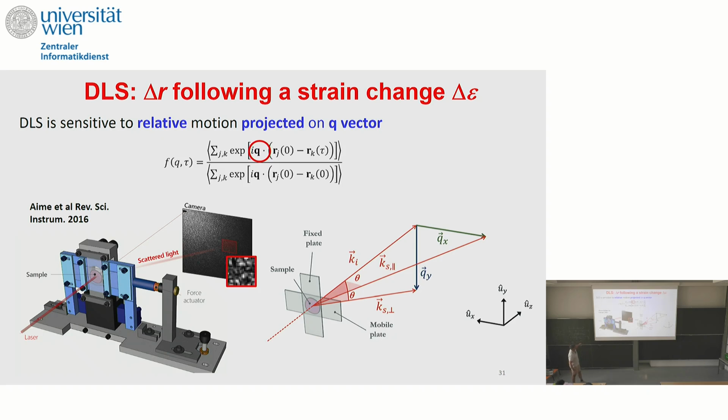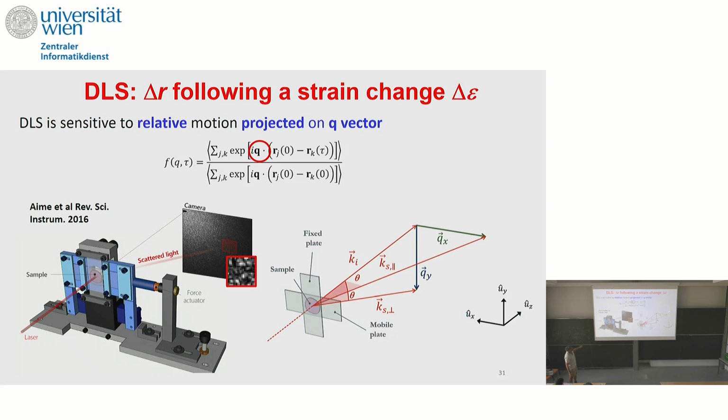So let's take as an example this setup here. This is a sort of homemade rheometer embedded in a shear cell. So you can move these glass plates with respect to each other like that. And you apply a shear in the direction of the x-axis, okay? And you shine a laser beam through it, and you observe what's going on with your CMOS detector.